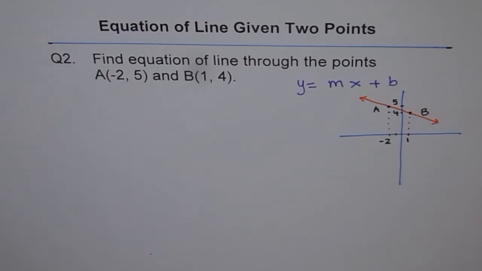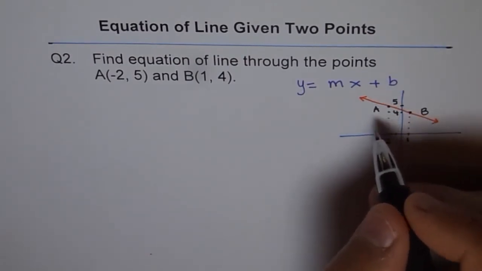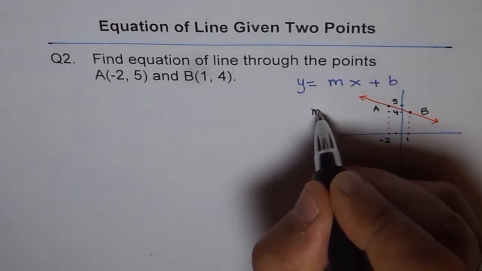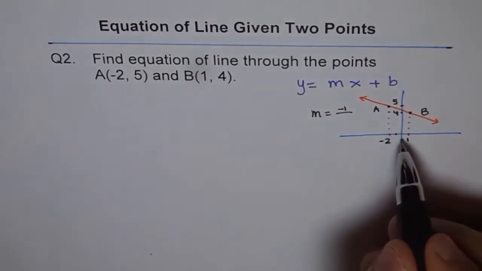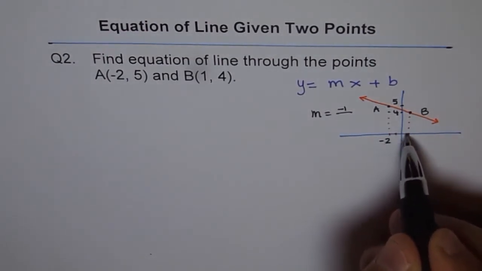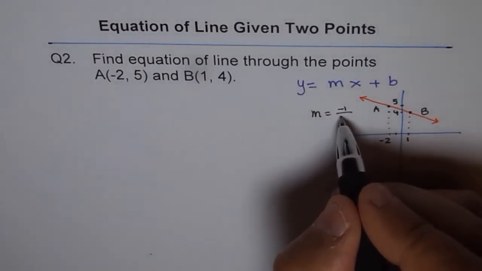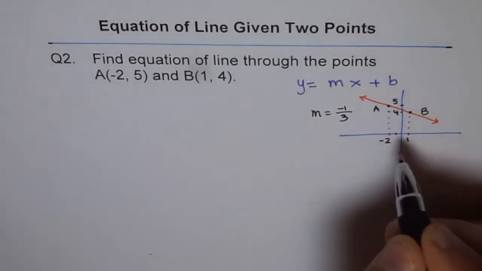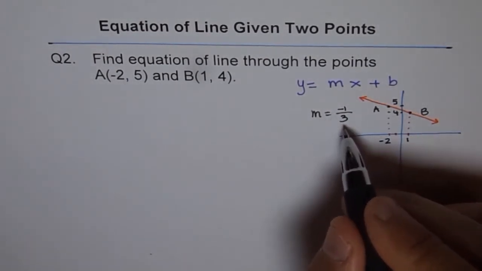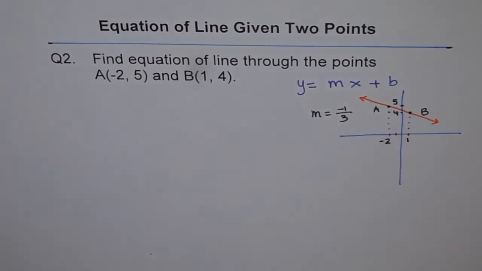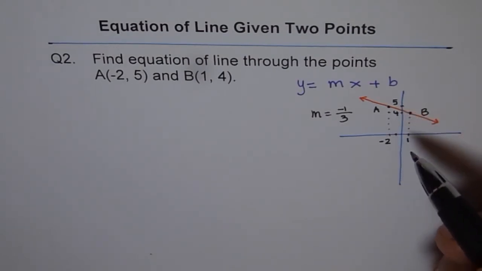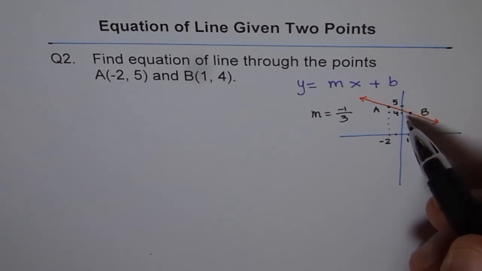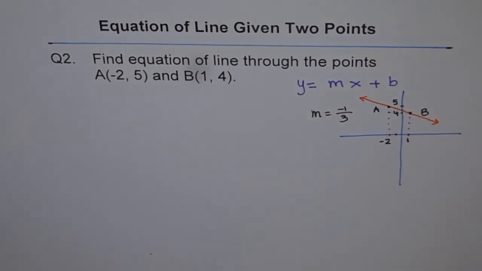So rise over run is 1 down, which means minus 1, and run of 3, moving right, so that is plus 3. Therefore, we are expecting a slope of minus 1 over 3. And our y-intercept is somewhere between 4 and 5, which is very difficult to find from the graph, but we can always calculate it. So that is how our line is.